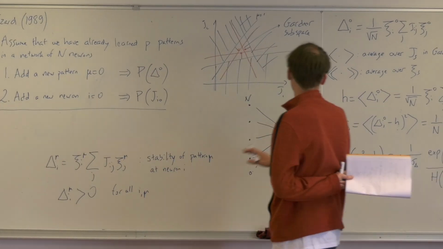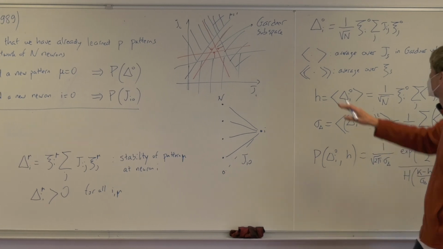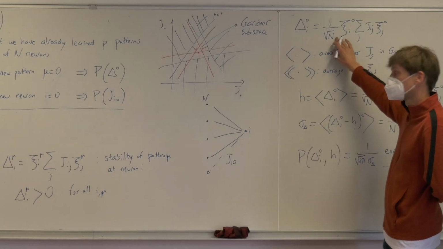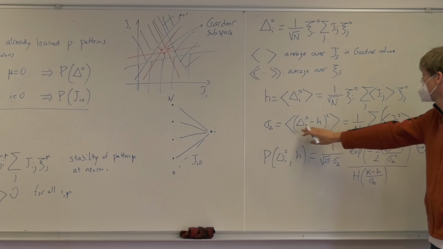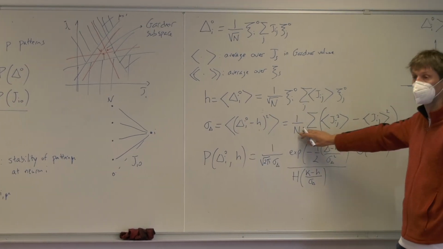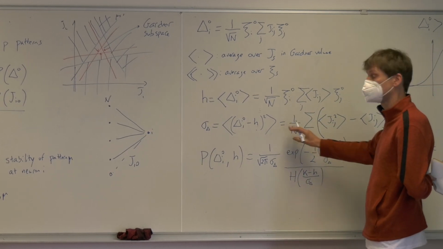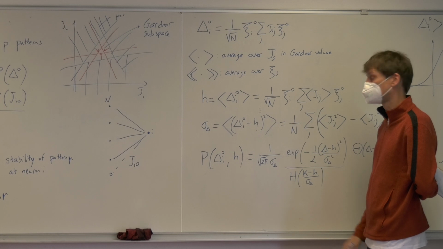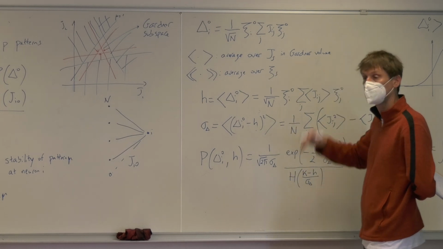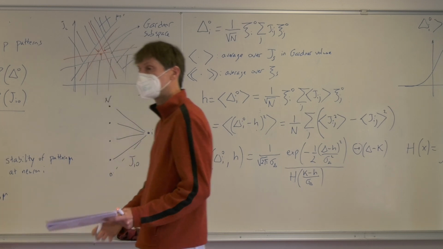So just for the sake of simplicity, to have deltas of order 1, I'm just adding this normalization factor 1 over square root of n. You can see that the variance here will go nicely to some finite value in the large n limit. If I didn't add this normalization factor, that would diverge in the large n limit. Okay.